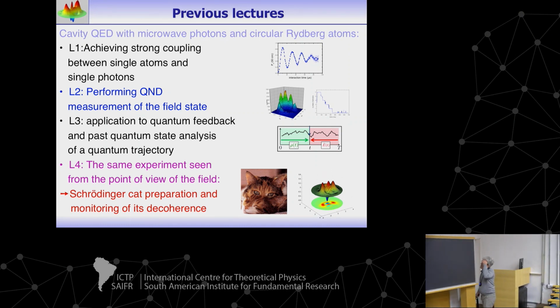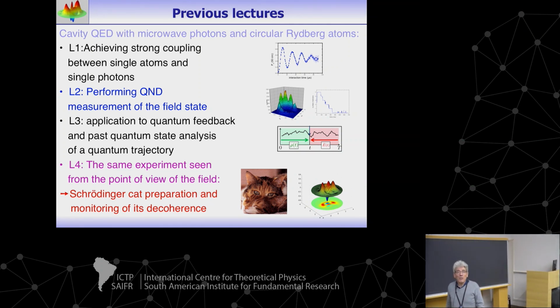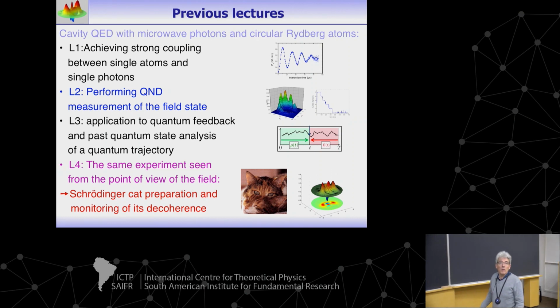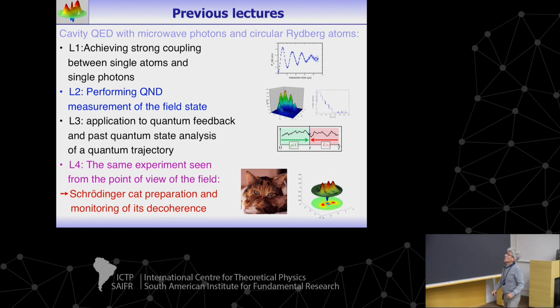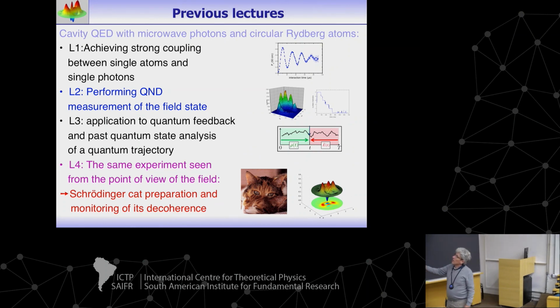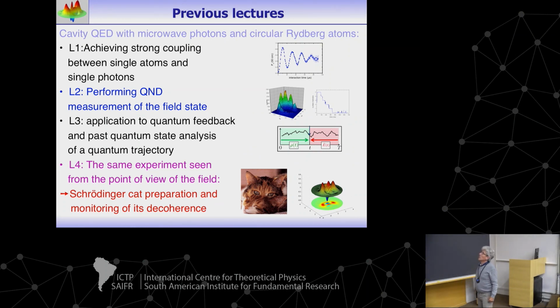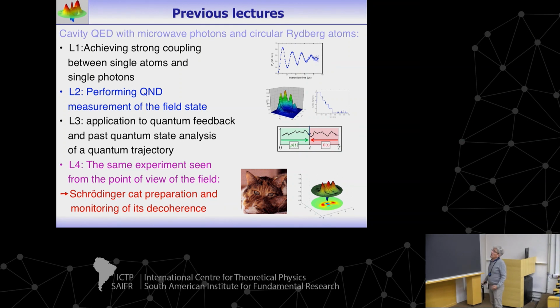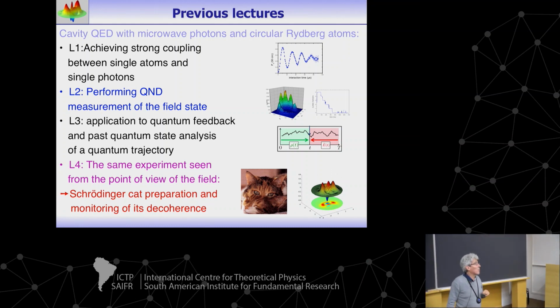Yesterday, I talked about one application, which is quantum feedback. And I would like to mention one part of the lectures that I will not cover in the oral presentation, which is the analysis of the quantum trajectory in terms of what we call the past quantum state formalism, as introduced by Klaus Molmer.